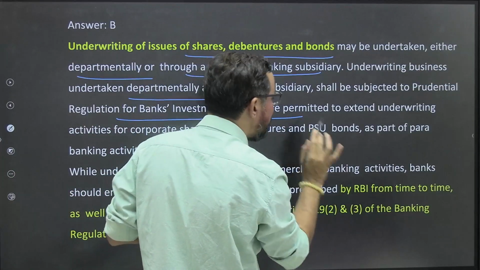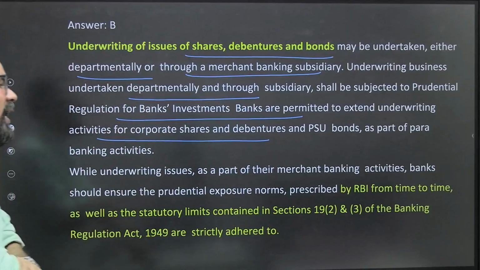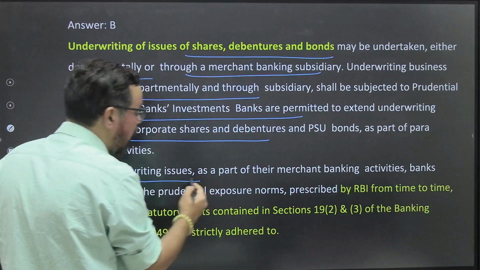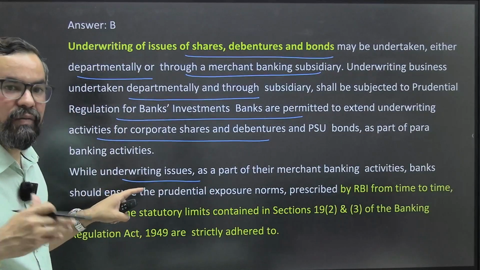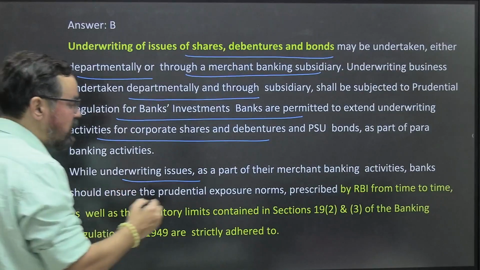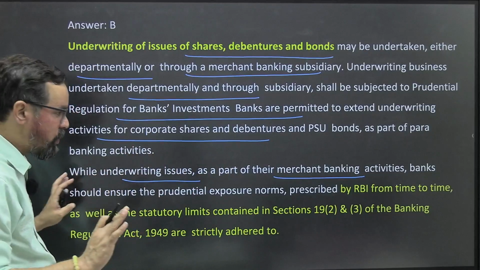Banks are permitted to extend underwriting activities for corporate shares and debentures and PSU bonds as part of the parabanking activity. While underwriting issue is like whenever any company comes up with their public offer, IPO, जब वो आपका वो लेके आते हैं, ठीक है, एज अ पार्ट ऑफ देयर मर्चेंट बैंकिंग एक्टिविटीज, जो हमने मर्चेंट बैंकिंग में काफी डिटेल में पढ़ा भी था, ठीक है.